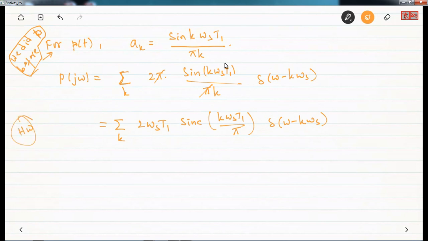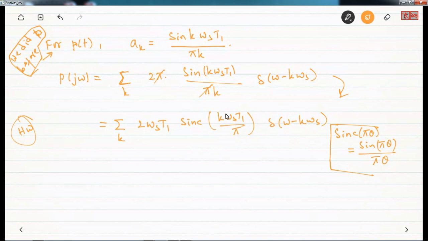This is nothing but converting it into a sinc function, and you know that sinc of pi theta is equal to sine pi theta by pi theta. So using this, you can show this to this.